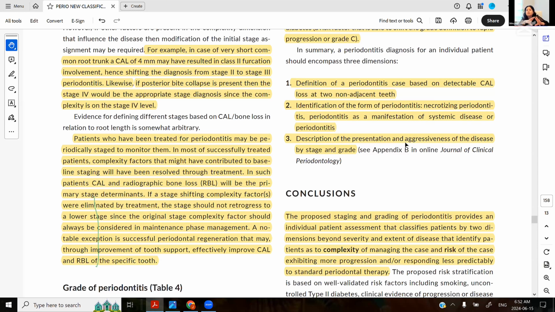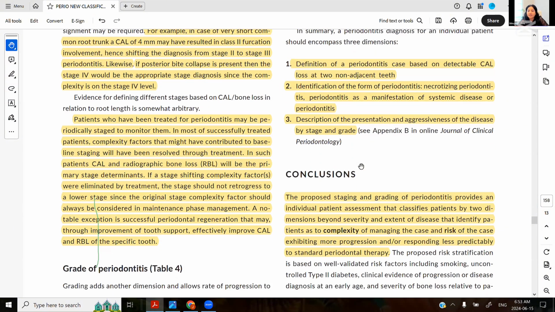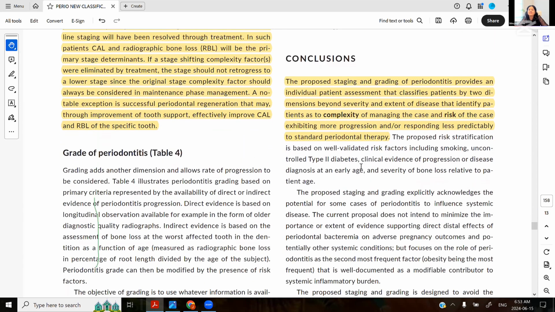And once you have established a true periodontitis, you should be able to tell the presentation, this initial, moderate, severe, or advanced, stage 1, 2, 3, and 4, respectively, and what is the aggressiveness of the disease, how aggressively it is spreading. The proposed staging and grading of periodontitis provides an individual patient assessment that classifies the patient by 2 dimensions beyond severity and extent of disease, which identify the patients as to complexity of management.